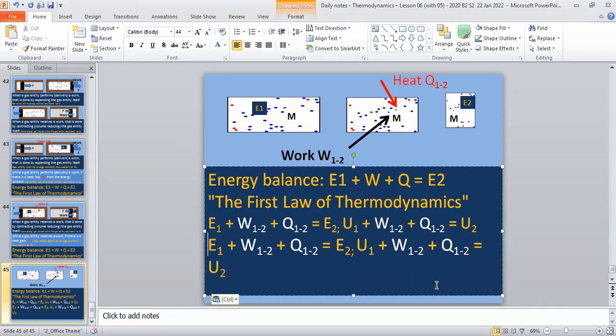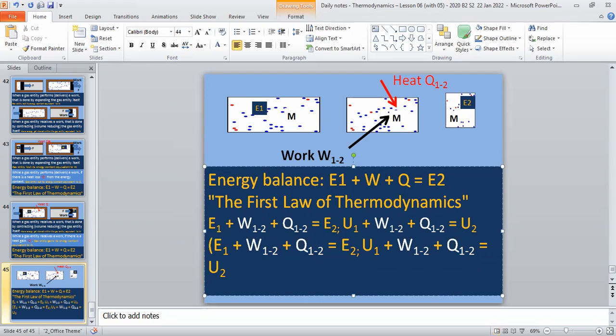I divide both sides because I need to go for 1 unit mass, maybe 1 kg.